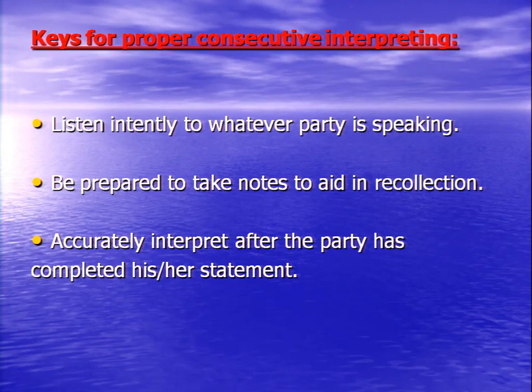Okay, so the technique for consecutive is note taking. Remember that the speaker will go on and talk, you cannot stop him, and he will probably send a lot of information. So how are you going to keep up with that? You have to take notes. For note taking, there are tons of sessions and trainings, but there is no set training for that.